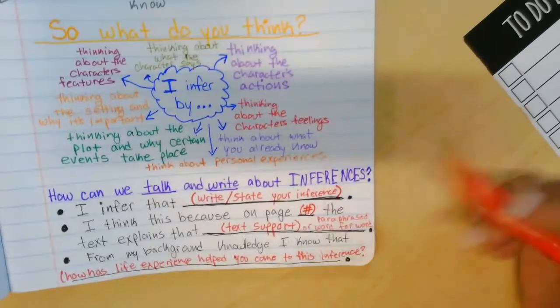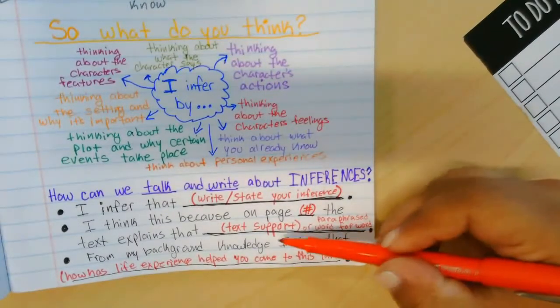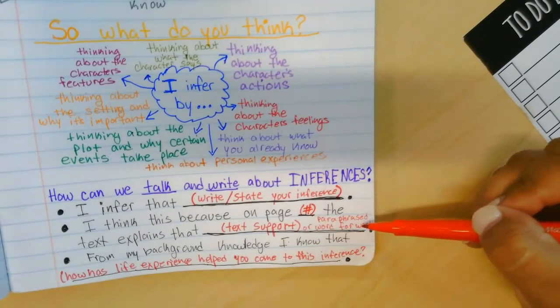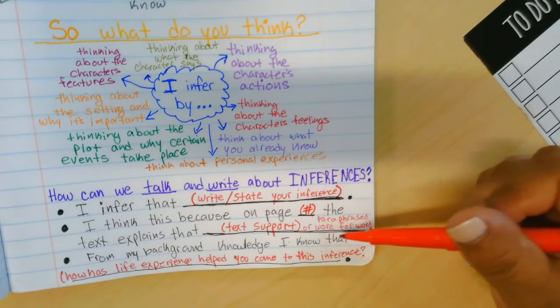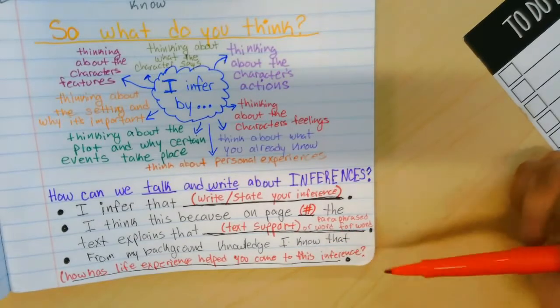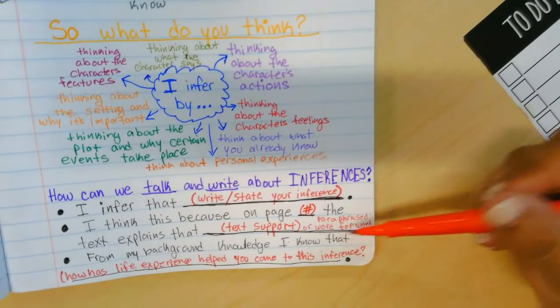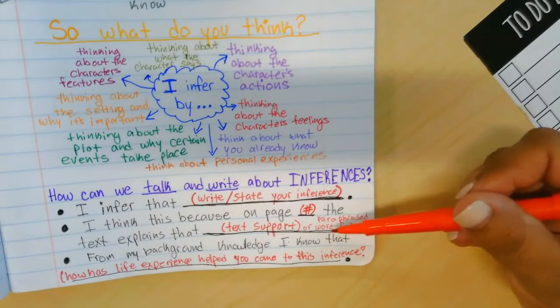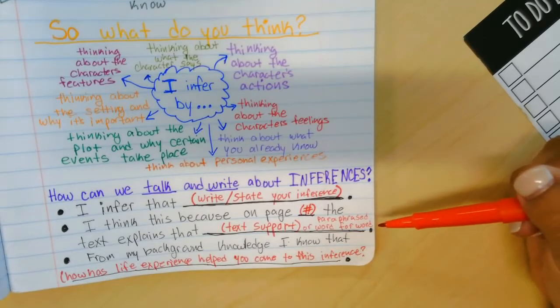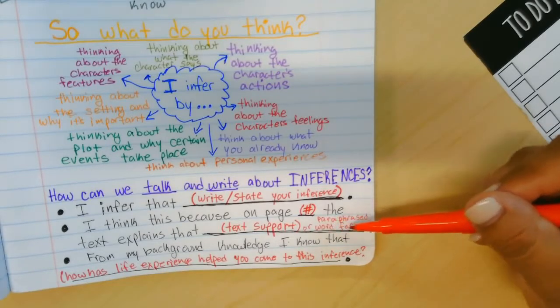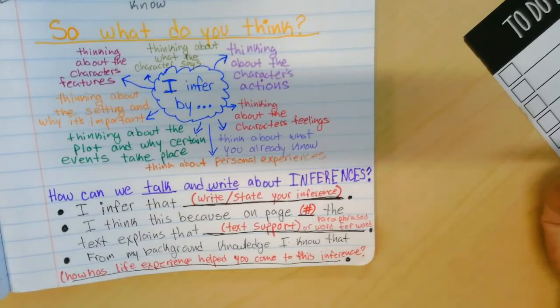So text support in your own words. Word for word means copying directly from the passage, from the sentence, from the book. Again, paraphrase means in your own words. Word for word means basically copying it straight from the text.